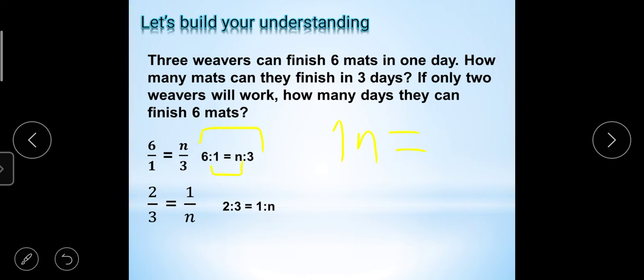Kasi 'di ba we have two parts in the proportion, the mean and the extreme. Okay, 6 and 3. So what is the product of 6 and 3, Nico?